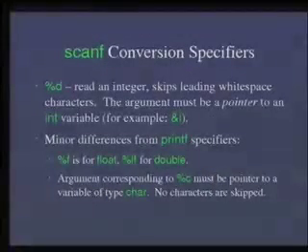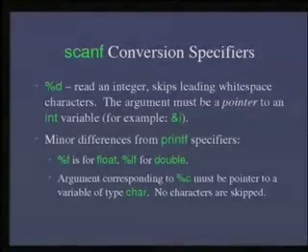So the conversion specifiers for scanf are fairly similar to those for printf with some minor differences. For example, %d reads an integer. Now what that means, remember, is that it reads characters and expects characters which constitute an integer. For example, an integer really means that you should have optionally a plus or minus sign followed by a sequence of digits. And scanf reads characters, skips initial white space characters.